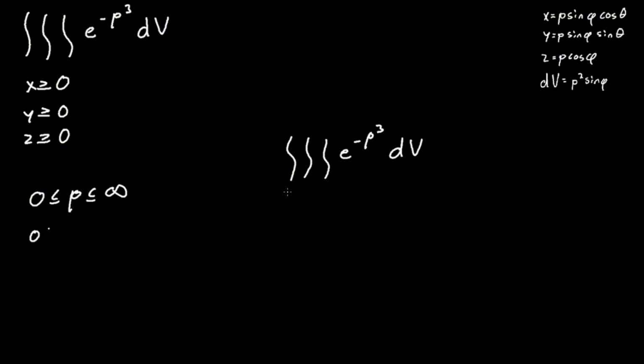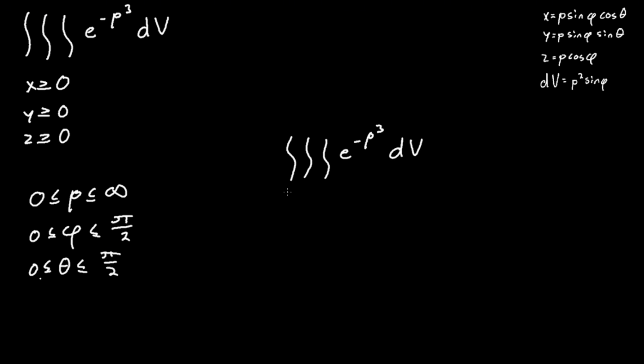Now, what do we do about our phi value? Well, our phi value in the first octant, if you want to cover just the first octant, is just pi over 2, because that's the angle that you make with the z-axis. Phi is the angle rho makes with the z-axis, and pi over 2 seems right. How about for theta? Well, theta in the first octant is again just pi over 2.